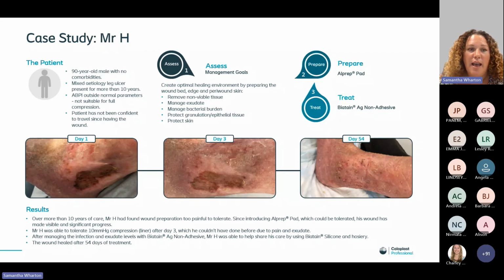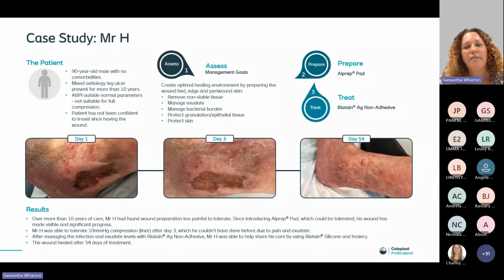His ABPI was outside the normal parameter, so he wasn't suitable for full compression. The patient hadn't been confident to travel since having the wound. So for 10 years, he hadn't travelled. Although he really wanted to, he didn't feel confident enough to go and travel. So he was 90 years old. So from 80 to 90, he didn't travel due to this wound.